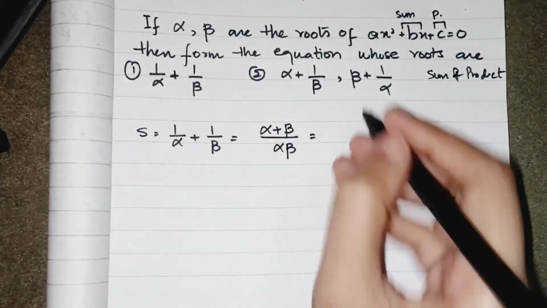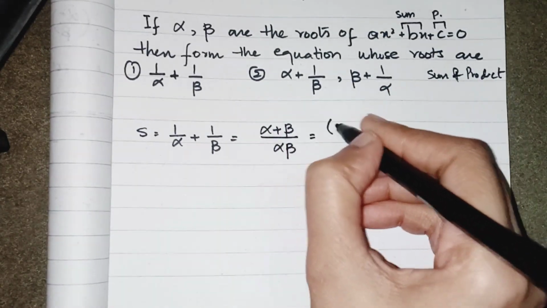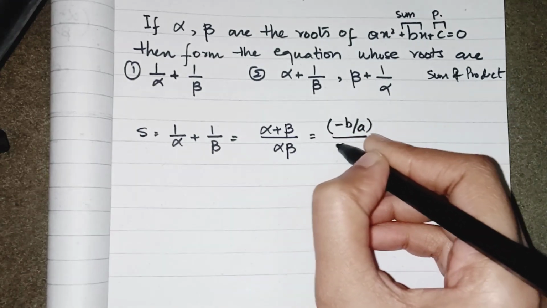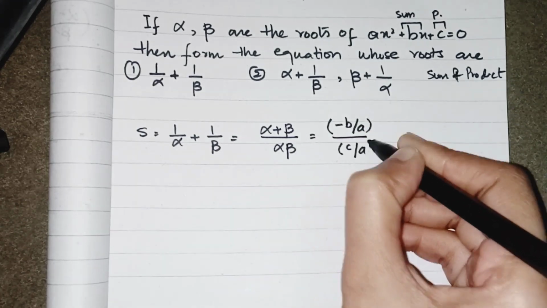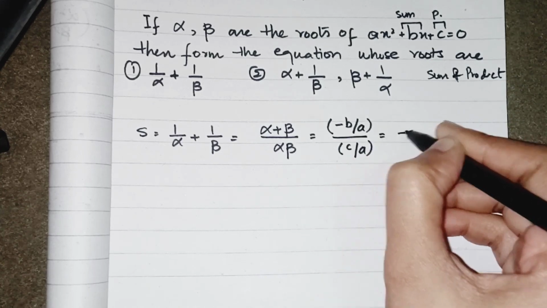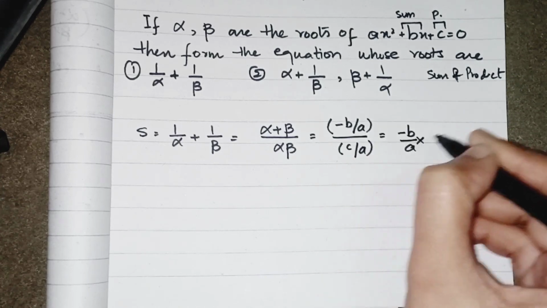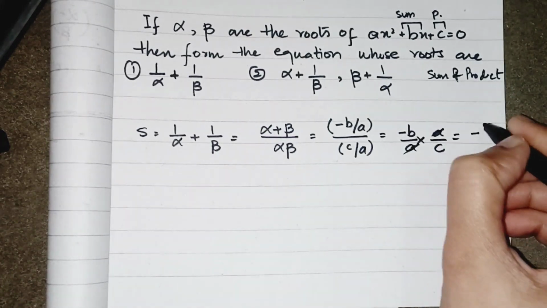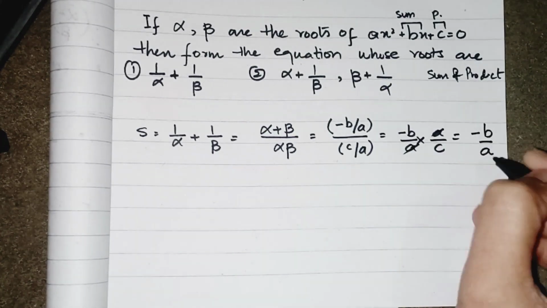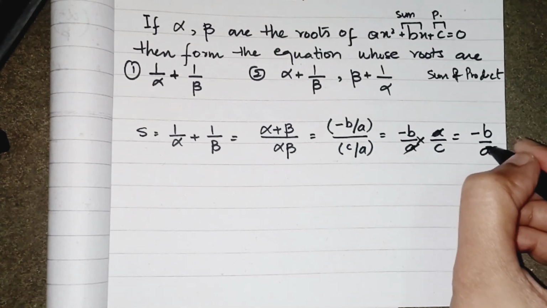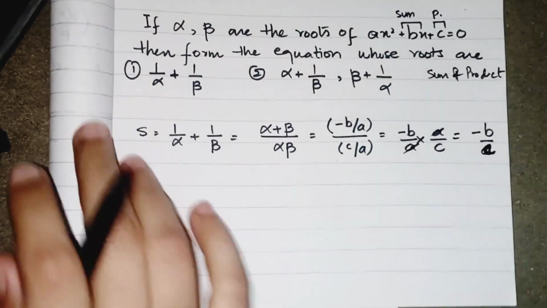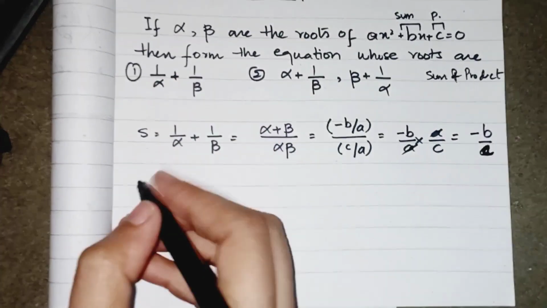We know alpha plus beta is minus b upon a, and alpha beta is c upon a. Fraction over fraction, so we replace it with minus b upon a divided by c upon a, the a's cancel out, so the sum is minus b upon c.